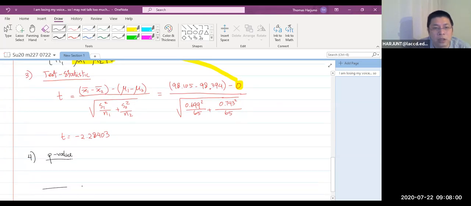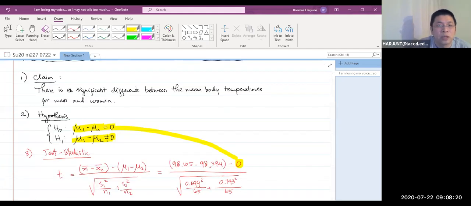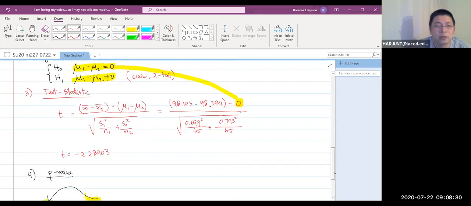Now notice that the t-score, the test statistic, is negative 2.28403. Okay, so the p-value will be the area here times 2 because that's a two-tailed test. That's the claim here, and that's a two-tailed. So nothing different, right? So far it's still the same in step 4.